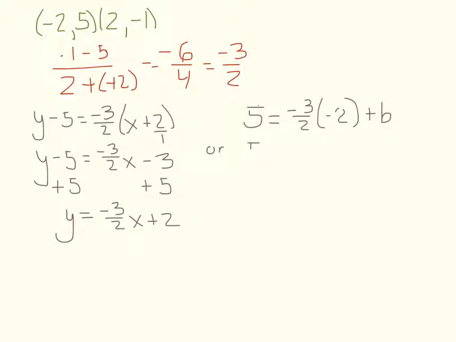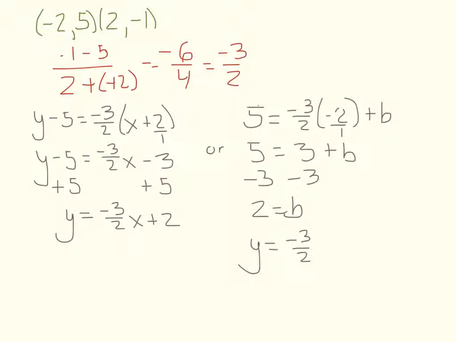So if I do that, I'm going to get 5 equals, again, my 2's are going to cancel out. A negative times a negative will make this a +3 plus b. We're going to go ahead and subtract off 3. You're going to get b equals 2. So our equation is y equals -3 over 2 x plus 2.